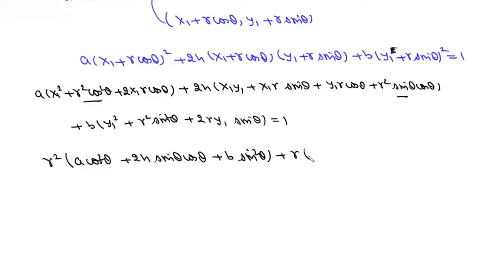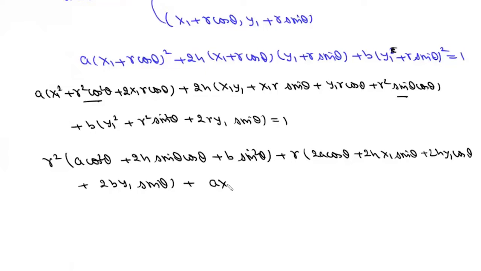So there will be r into 2a x1 cos theta plus 2h x1 sin theta plus 2h y1 cos theta plus 2b y1 sin theta, and then this constant term which is a x1 square plus 2h x1 y1 plus b y1 square minus 1 equals 0.